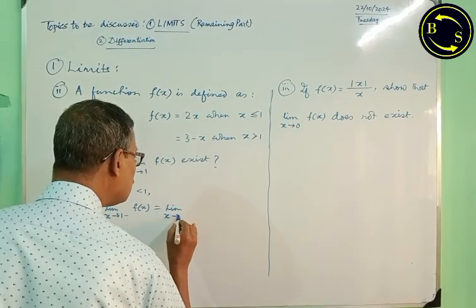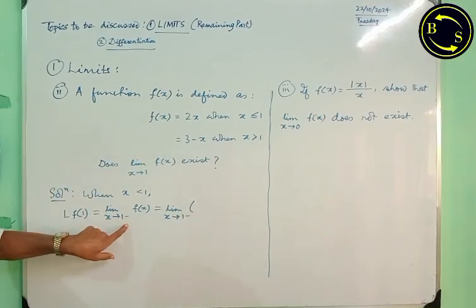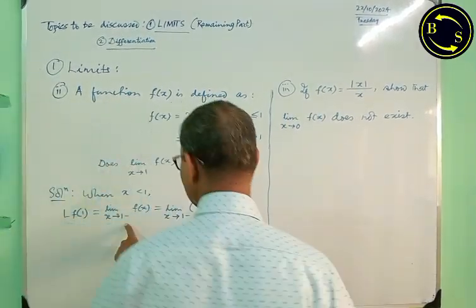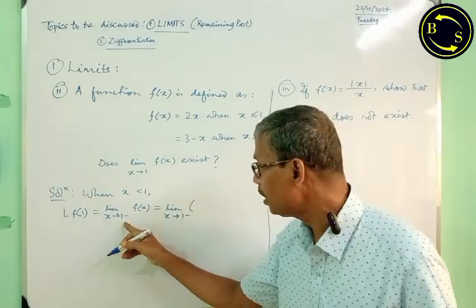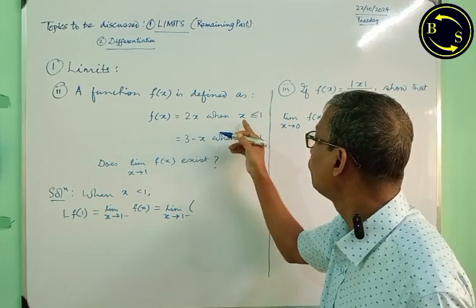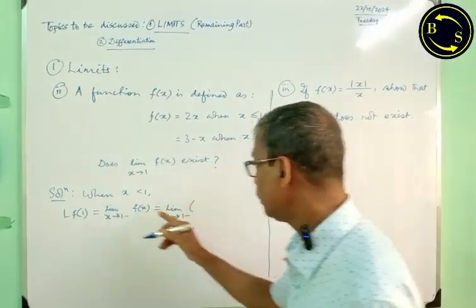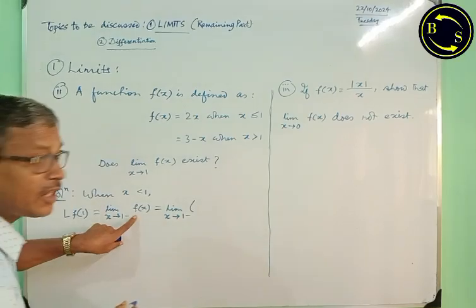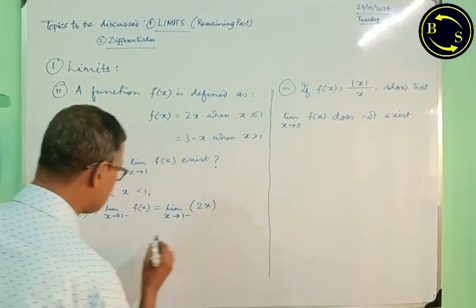x tends to 1 minus. x tends to 1 means x is slightly less than 1, a bit less than 1. For that, as per definition, when x is less than or equal to 1, value of f x is 2x. Therefore, in place of f x, we have to write here 2x.